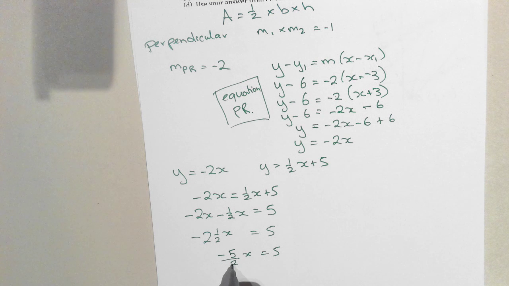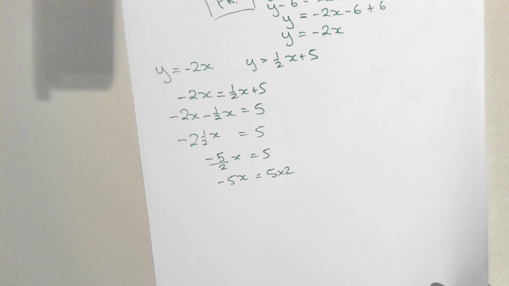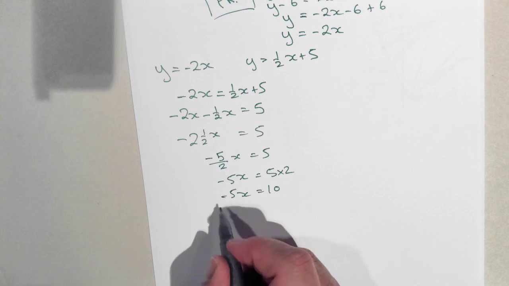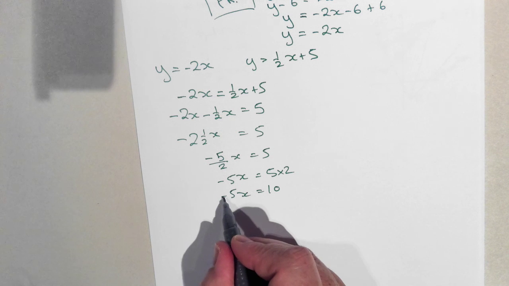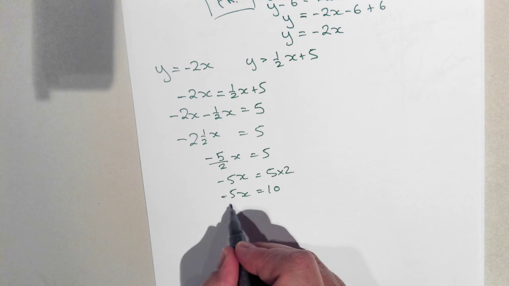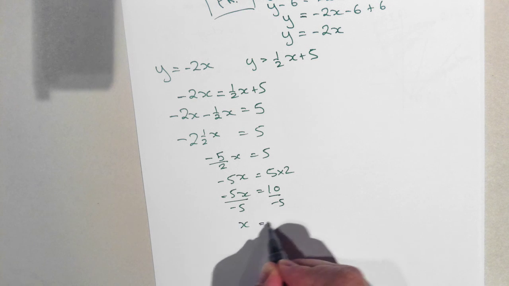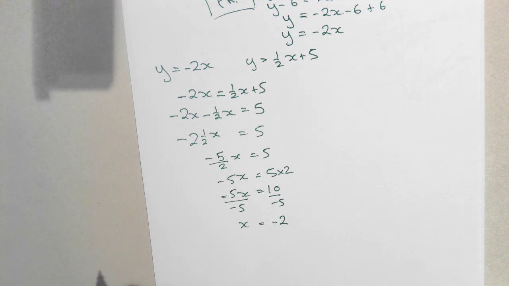The opposite of dividing by 2 is to multiply by 2, so minus 5x equals 5 times 2. So minus 5x equals 10. Now I want to get rid of the minus 5, so the opposite of multiplying by negative 5 is dividing. So divide both sides by negative 5. x is equal to negative 2.